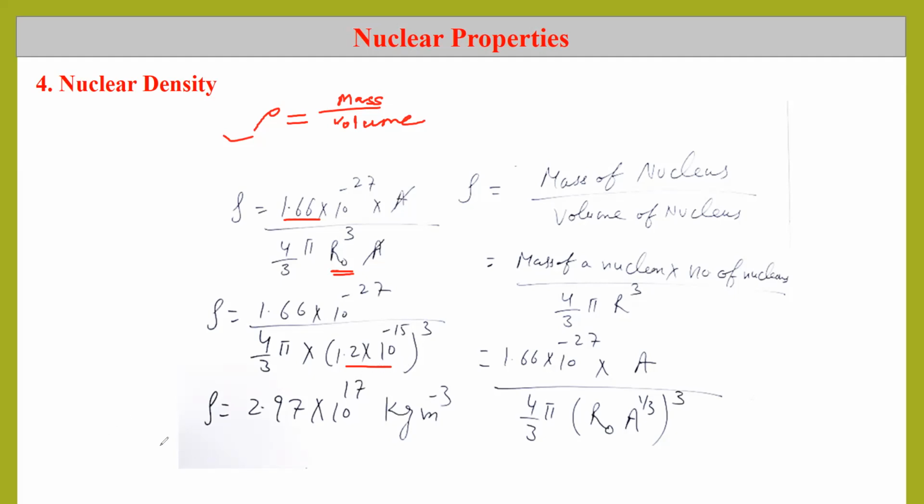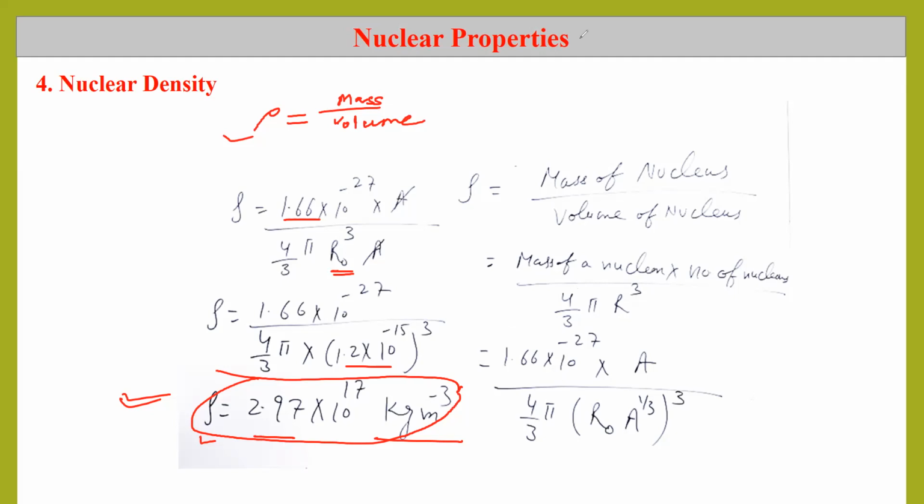If we calculate it, rho will come to 2.9397 into 10 raised to the power 17 kilogram per meter cube. So it is the nuclear density, and it is always the same for all nuclei. You have to remember the nuclear density, that is 2.97 into 10 to the power 17.